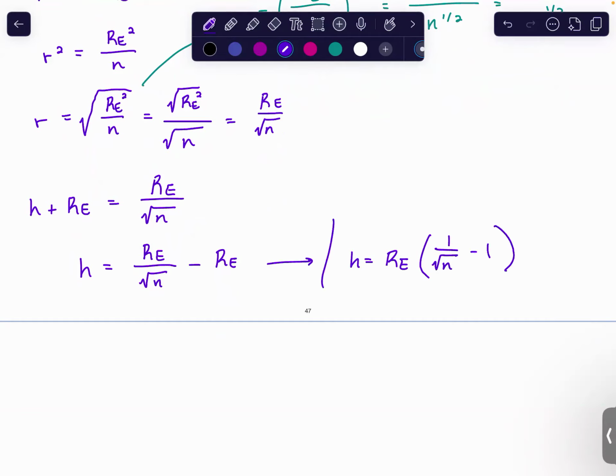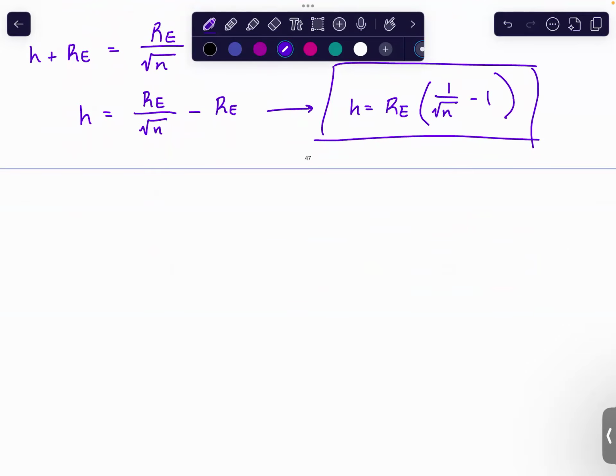Now what we have here is we've derived, we solved for the altitude that will shift our gravitational field based off our value of n. So it's going to help us solve for that altitude that'll give us our new gravitational field. And this is a generalized equation. Now we can put in our various values of n and see what this will actually come out to be.